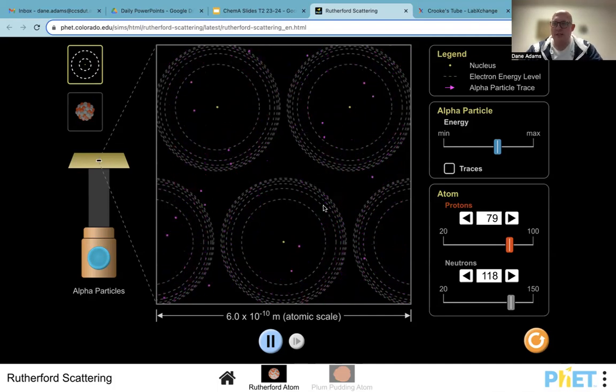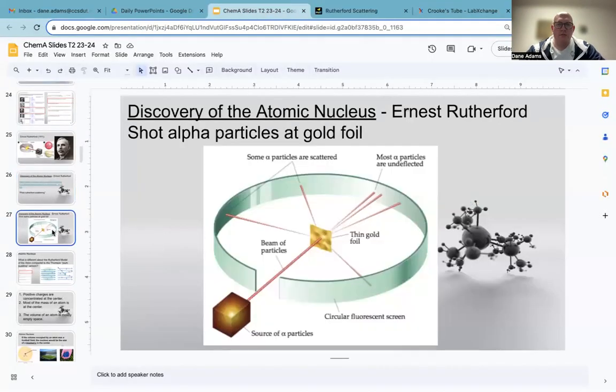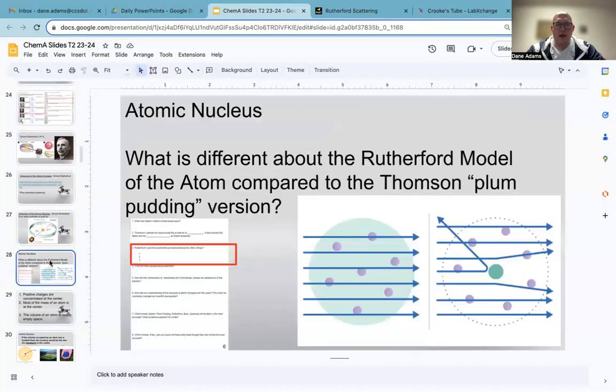And this is surprising to Rutherford. Why would this happen? Why would a small number of these alpha particles be deflected, some of them at very large angles? What does that mean? Well, this is the conclusion that he comes to. That an atom is not like a plum pudding.